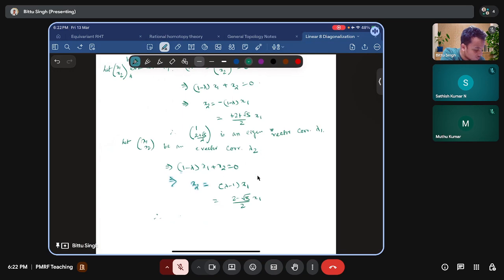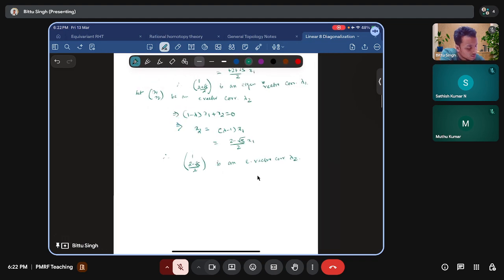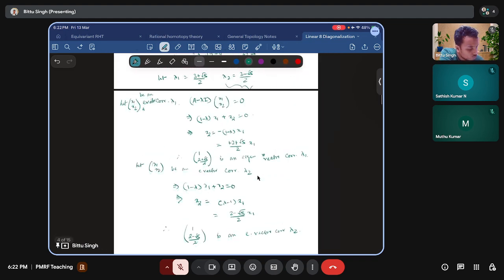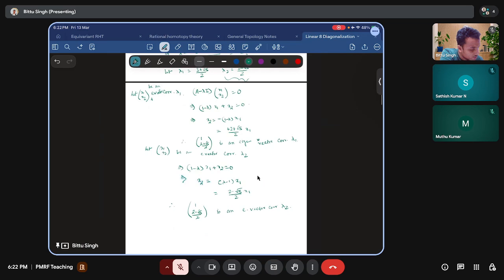Therefore, by the same observation, (1, (2 minus root 5) by 2) is an eigenvector corresponding to lambda 2. From here, it is clear that we can put those two things, A times this v1.